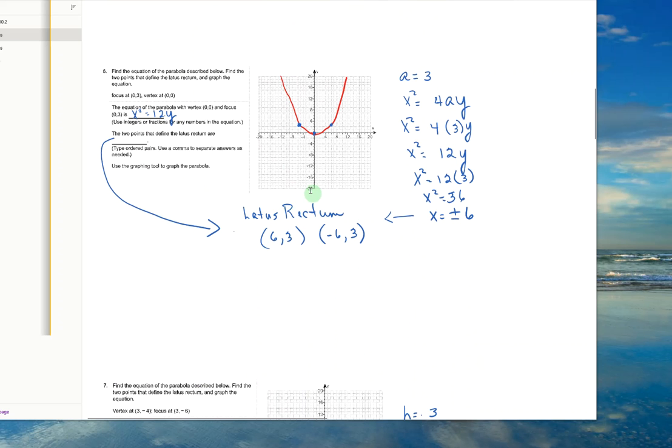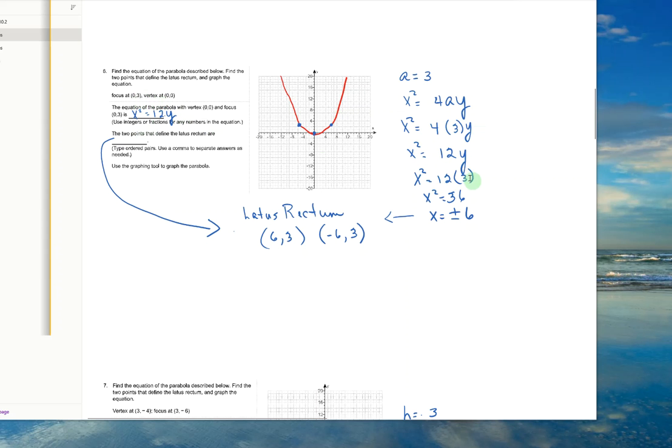Number 6, find the equation. Same idea, but our focus is on the y-axis, so we know we've got x squared equals 4ay. If a is 3, there's our a, then it's 4 times 3, so we have x squared equals 12y. That is the equation.